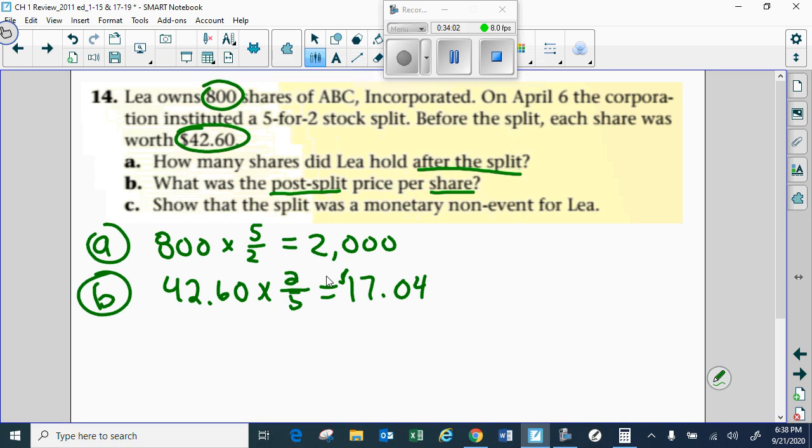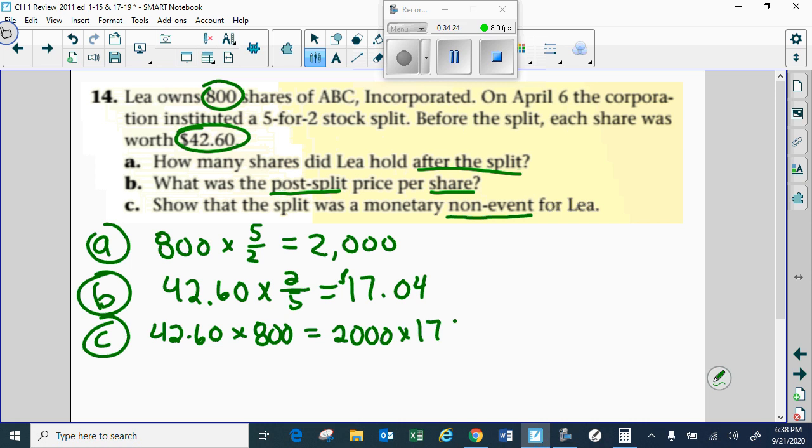Okay, show that the split was a monetary non-event. Okay, that means that it didn't go up or down. So C means if I do $42.60 times 800, that should equal the 2,000 shares that she now has times the $17.04 that each one is worth.